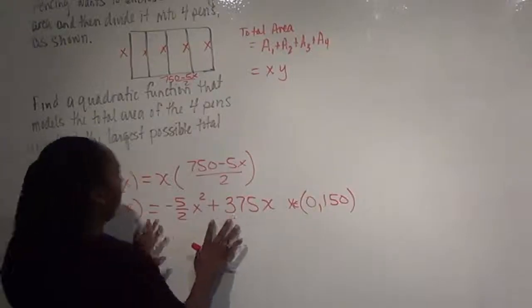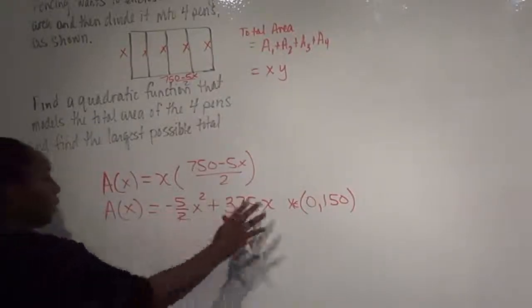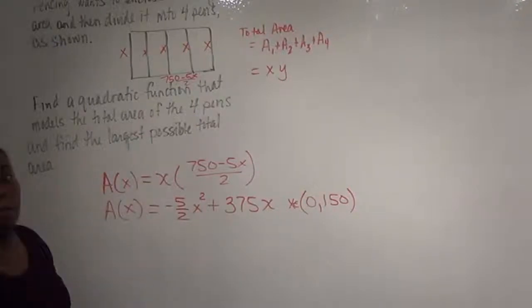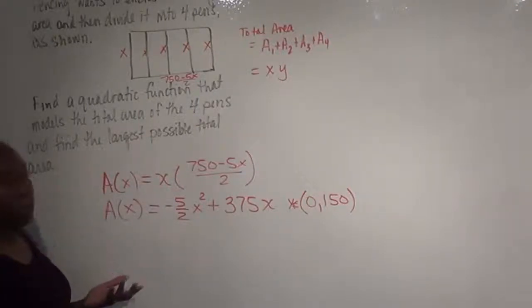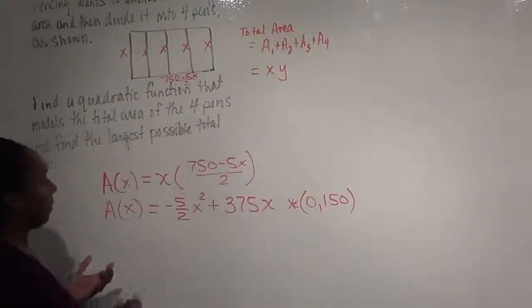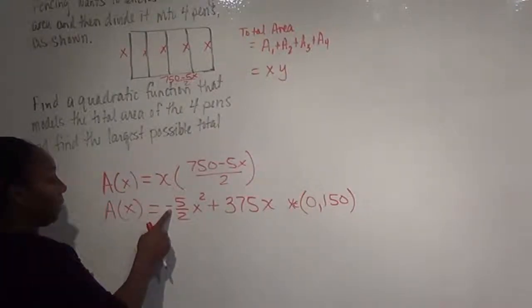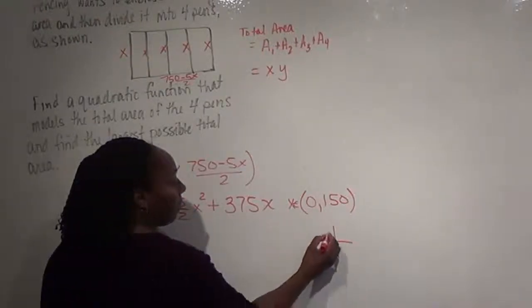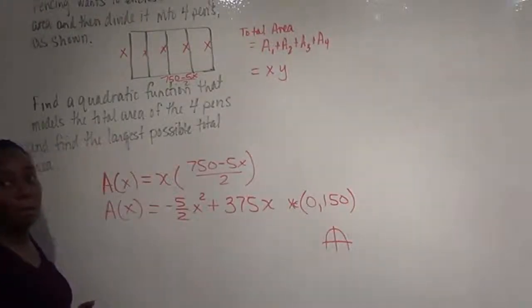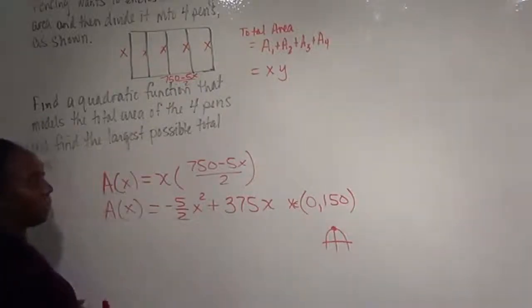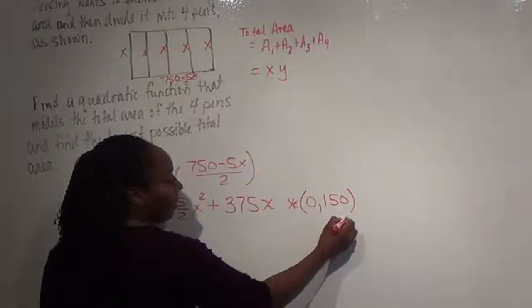Okay? So now that I've got my quadratic function and I know which values I can use, I want to find the largest possible pen. But again, that just means I'm looking for the vertex. Okay? So in this case, I've got a negative a, which means my parabola is opening downward. So that max area is going to be where that vertex occurs.